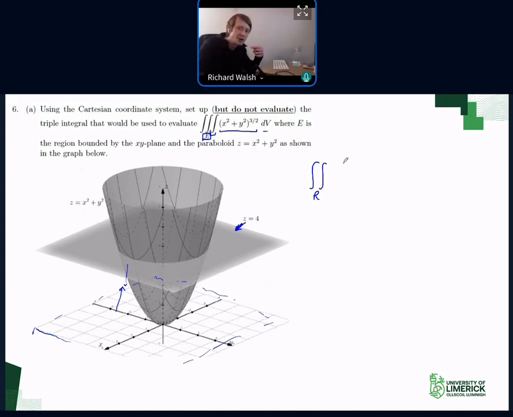But I'm going to change this inner integral to take care of the height element of the graph. I know Z goes up as far as 4, so that will be the upper limit. That's how high it goes up. And all the other Z values underneath are defined based on x squared plus y squared.